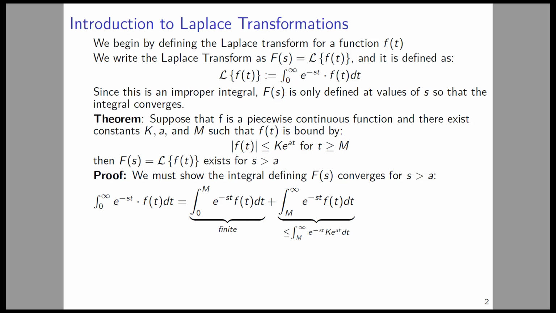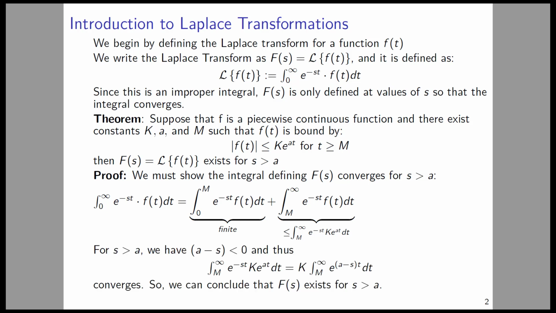Working with this integral, and the fact that for s bigger than a, we have that a minus s is less than 0, we can conclude that this integral can be simplified as k times the integral from m to infinity of e to the a minus s t dt, which converges since a minus s is less than 0. So we can conclude that F of s exists for s greater than a, as we set out to prove.